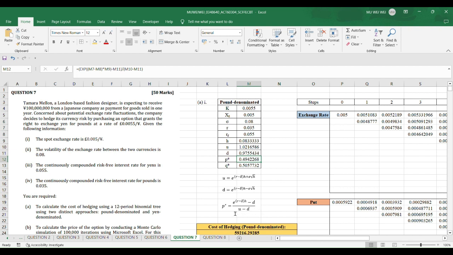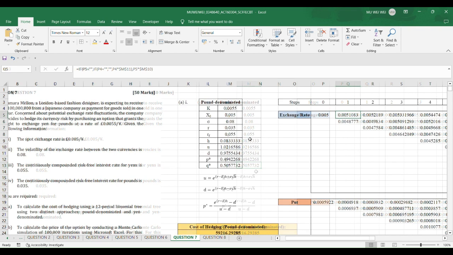So P star equals exponential of R minus delta times H, minus D, divided by U minus D. So for P star, we get 0.4942268. And the Q star is 1 minus P star, so it is 0.50577732.